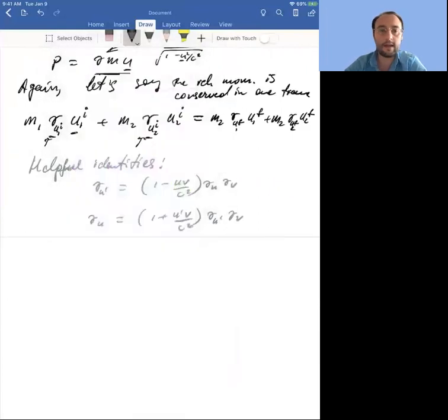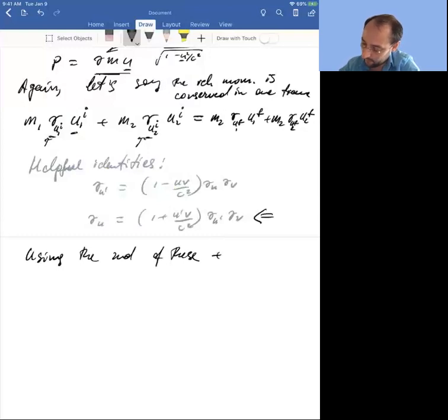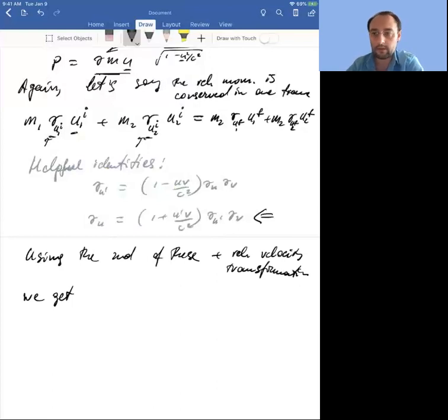And when we use these, especially the second of these, and again do the velocity transformation, we get, you can do the algebra for yourself, I'm just going to give you the result. I have to be very careful about what I write.